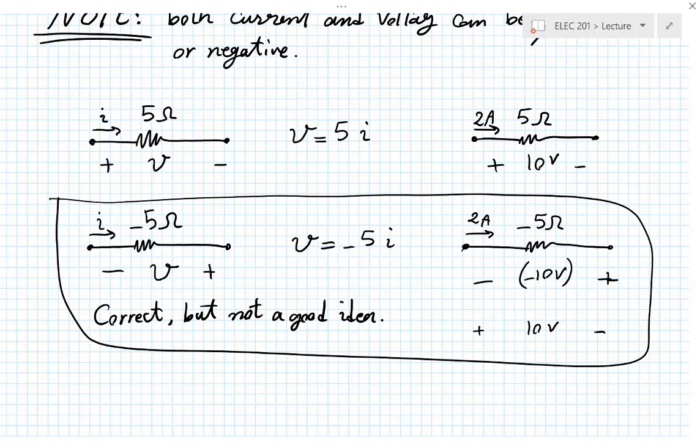You could always throw in a negative sign on the two sides of the equation, as long as you remember what you've done and stay consistent, right? But of course, as an engineer, you don't want to do that unnecessarily. Okay? So correct, but not a good idea.